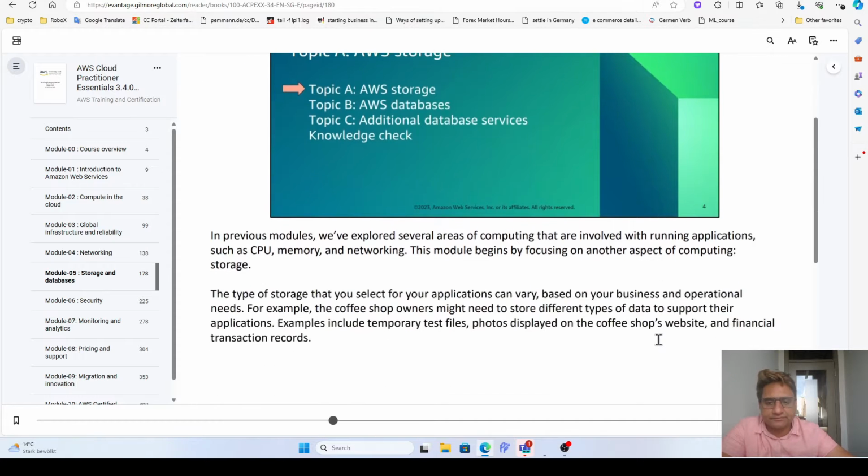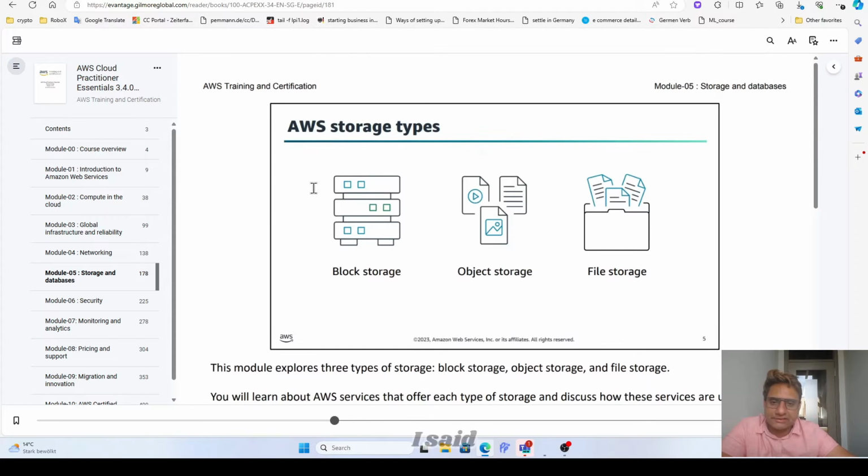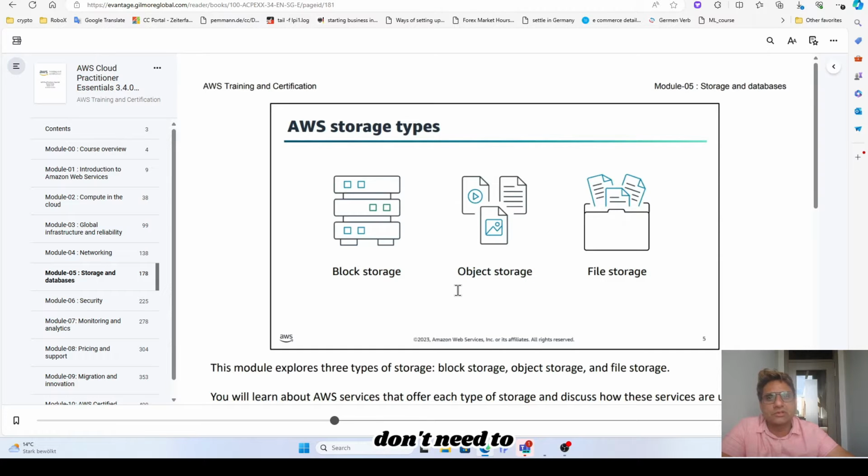Let's see what the storage options are. Block storage, as I said, is similar to how storage works in the traditional hard disk, where you can read and write on the block. Object storage is for things like images and videos and dump files which you don't need to rewrite again and again, and you don't need to modify or manipulate.